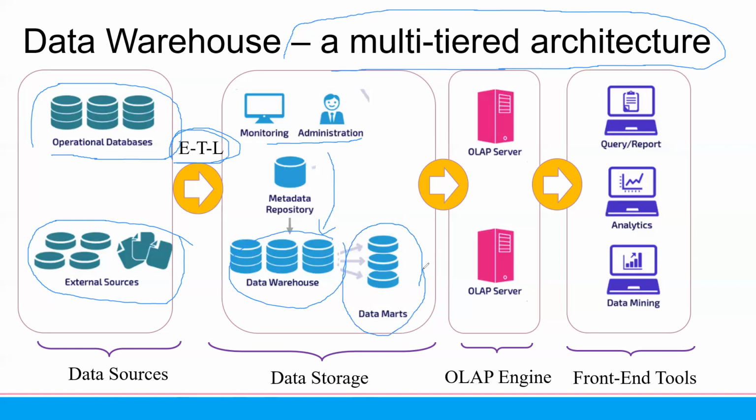So we can separate the data based on product, sales, customers, and etc. And we can go to the next step, which is the OLAP server. So we put all of those data into the OLAP server, and finally we will do the analysis. For example, we can do the query, or we can do the report, we can do the analytics, or we can do the data mining.